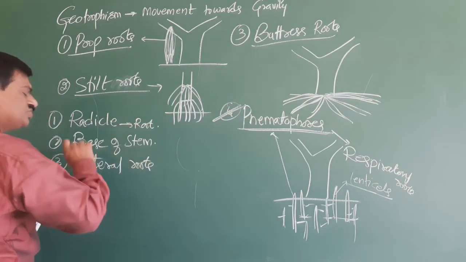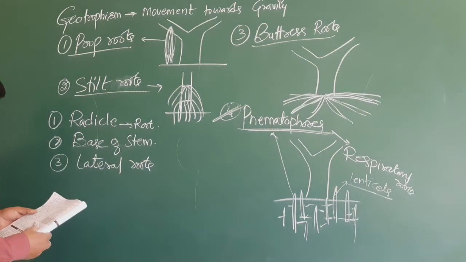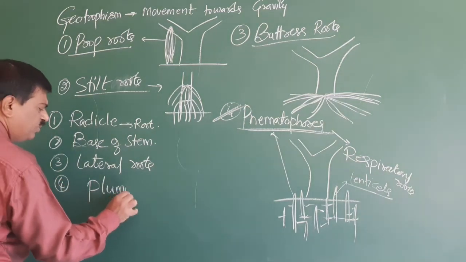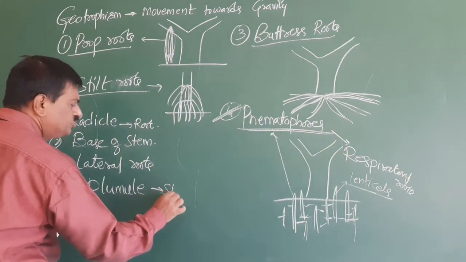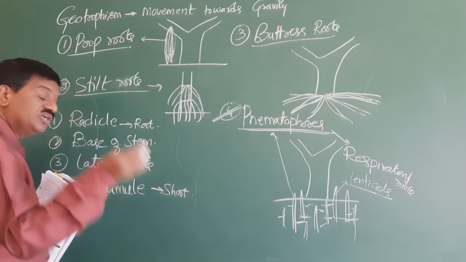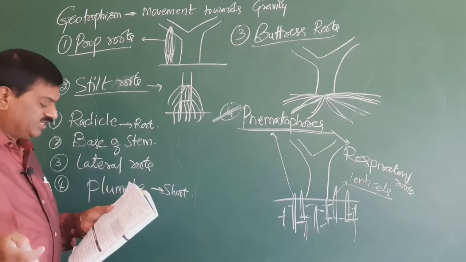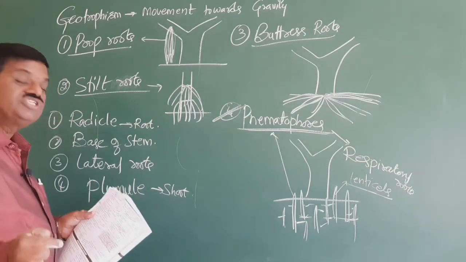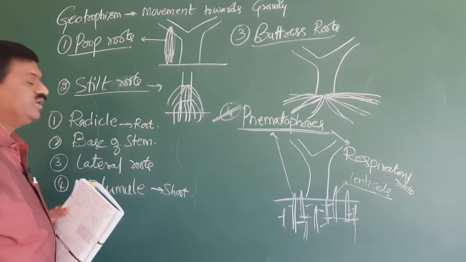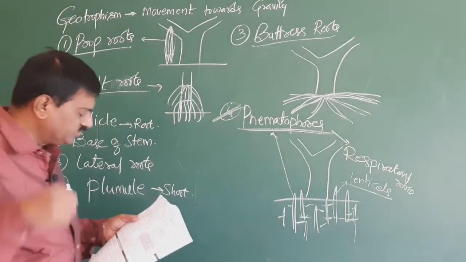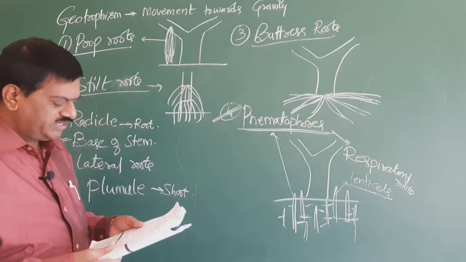From the roots, the lateral roots take their origin. And the fourth one is plumule. Plumule always gives rise to the shoot system. But here the question is about the fibrous root system. Yes, the radicle gives rise to the root system, but here the fibrous root system of a wheat develops from the base of the stem. From the base, usually they take their origin.